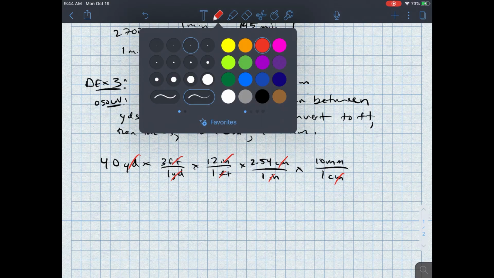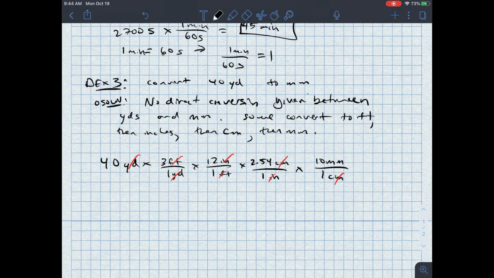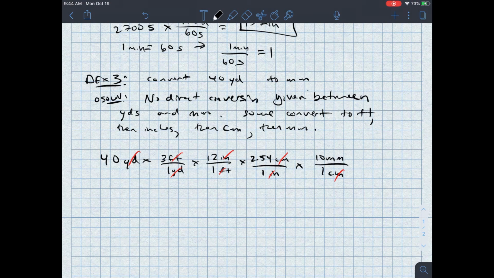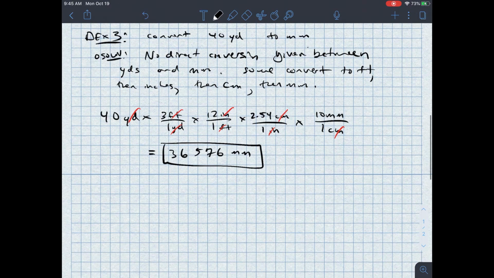So I've canceled all of my units. Now I just need to take 40 times 3 times 12 times 2.54 times 10. When I do that, I'm going to get 36,576 millimeters. We're not going to talk in this video at all about significant figures. You probably could round this to 37,000 millimeters, but let's just give the exact answer for now.